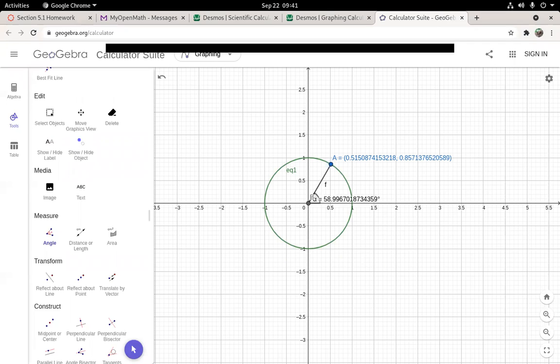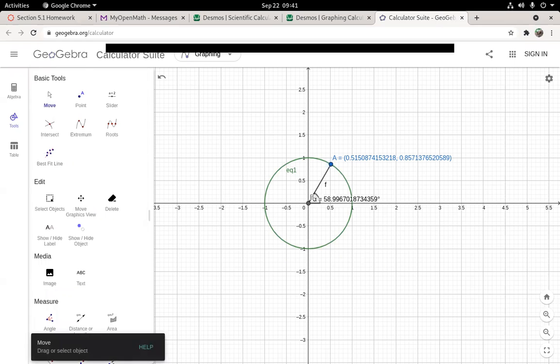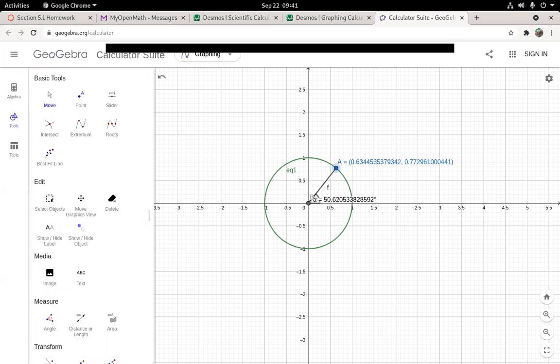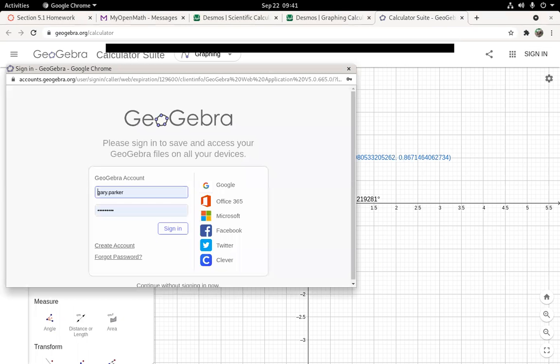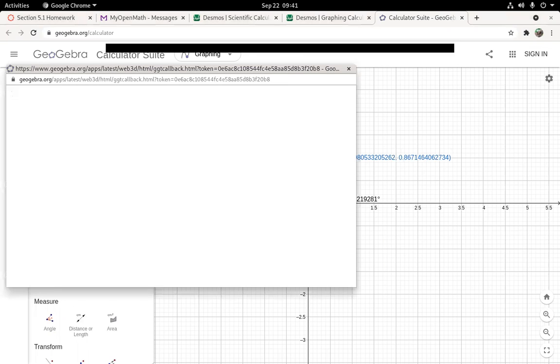Now when I move the point, oops, I have to go back to the move tool, I can see the angle changes and the values of x and y change. We're going to look at that in another calculator in just a second. But first, I'm going to sign in here and share this with you.